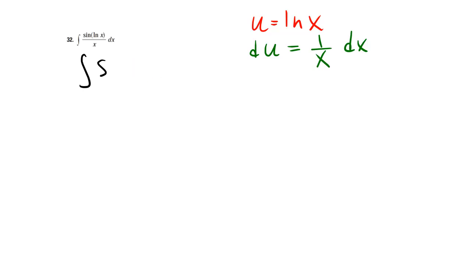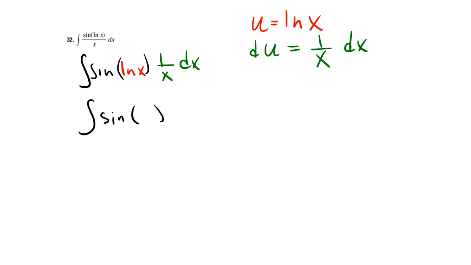If I wanted to make it extra explicit, which I will do here, I can think about this as sine, before I do the substitution, sine of natural log of x, times, I'm going to rewrite this as 1 over x dx. At which point you can now clearly see this is really sine of u du.